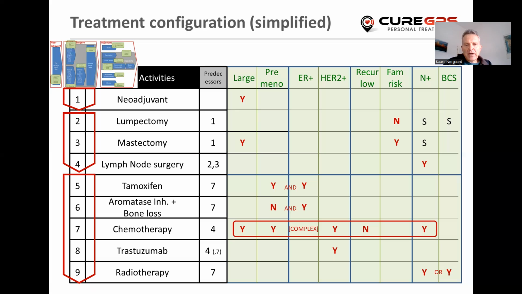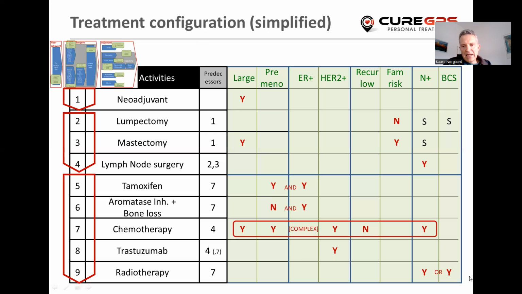So that's why we have a 7 here. And the radiotherapy comes into play if there are positive lymph nodes or if it's a breast conserving surgery. And it has to wait for number 7, it has to wait for the chemotherapy to be completed.